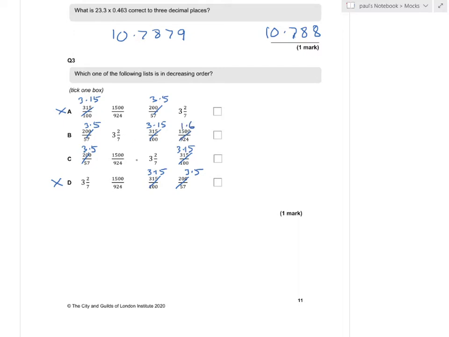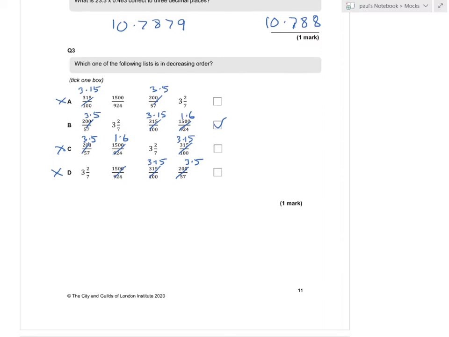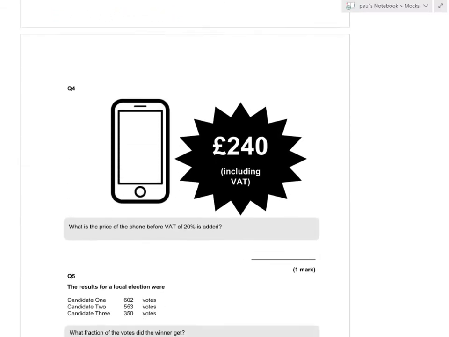Oh, we don't need to do that one. So that goes down, then goes up. So it's not that one. So it must be B. I don't need to work out that last bit. Otherwise, we'll be there forever.